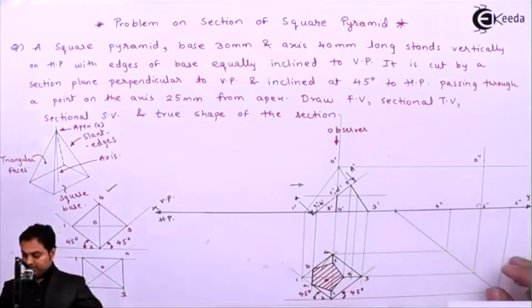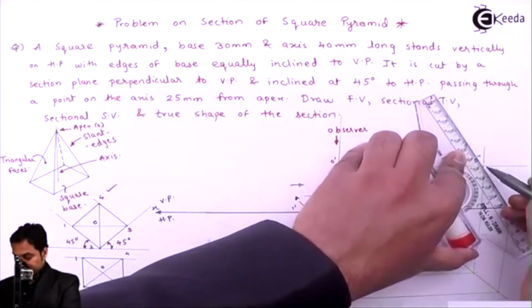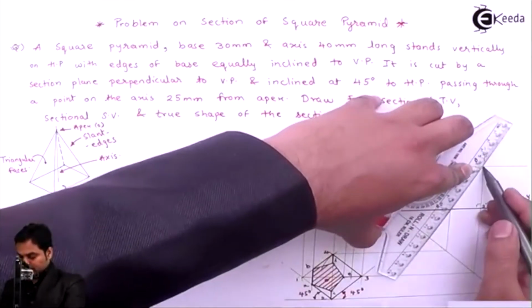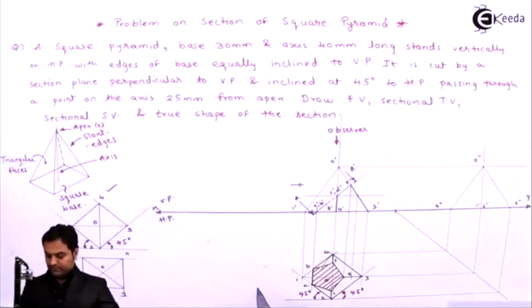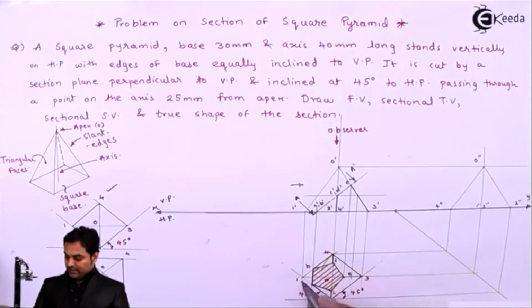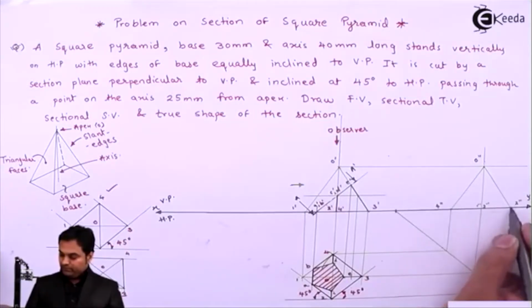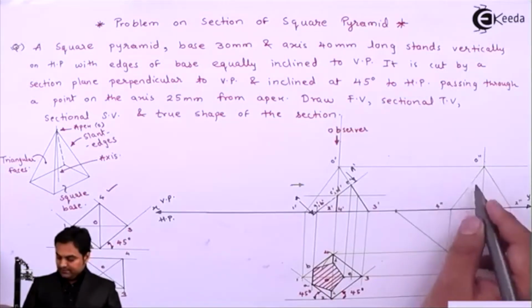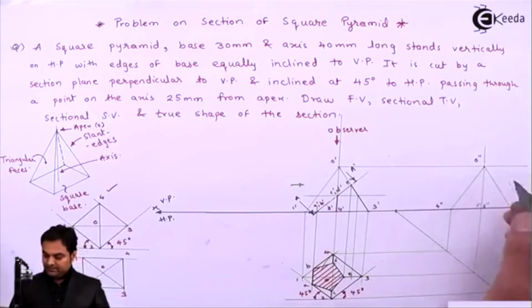So joining it light, so if we are looking from left hand side, the triangular faces 1 4 and 1 2 are visible, and in the middle we have 1 and 3, that is an edge.